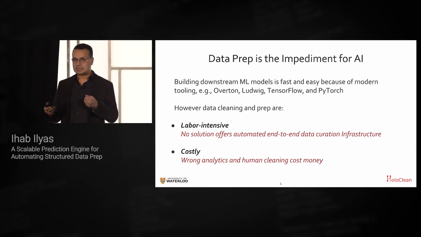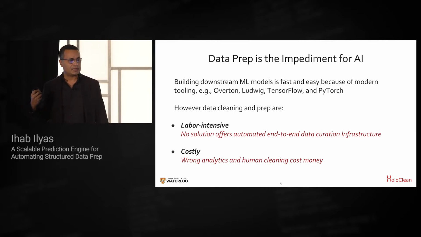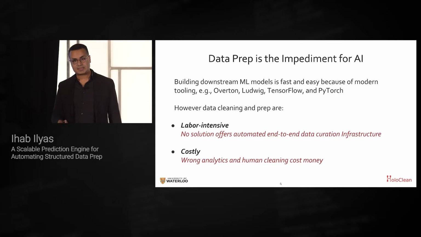So there is an impedance mismatch between our ability to provision really complex models and optimize the hell out of these models. We have tools like Overton and Ludwig, and those are even higher level tools than PyTorch and TensorFlow. But still, for data cleaning, we have Excel and some Python scripts. It's really embarrassing. And the labor-intensive aspect of it is not only daunting for engineers, it's also costly.